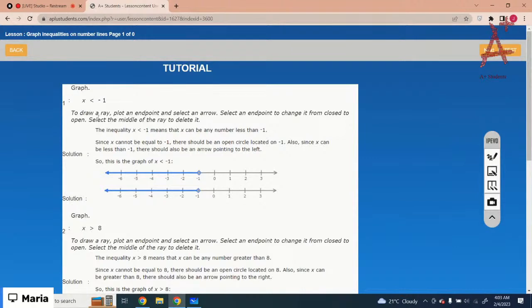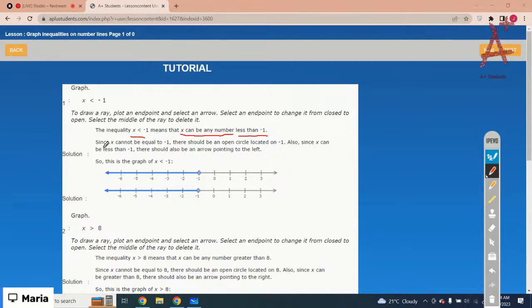Graph x is less than -1. Got it? So the inequality x is less than -1 means that x can be any number less than -1. But -1 is not included.